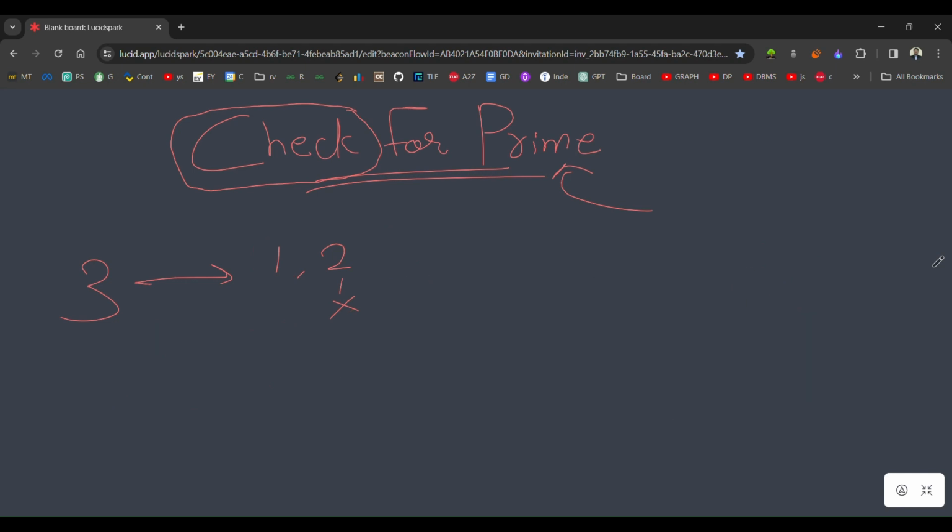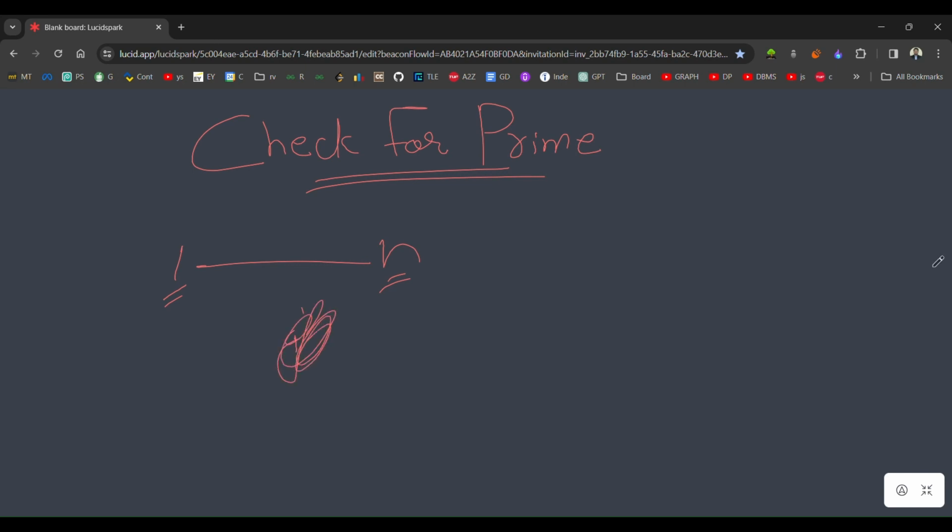Now let's see how to solve this. We can just run a loop from 1 till n, and check if there is any factor except 1 and n, right? So let's say I'm running a for loop from i equals 1 till n, and I'm checking whether n is divisible by i or not.